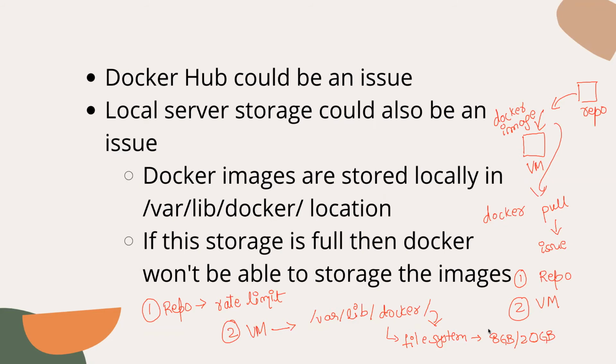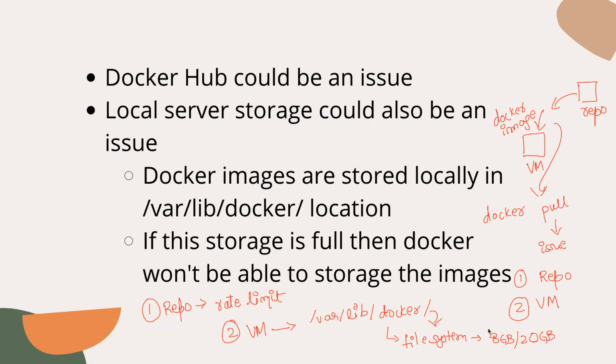So what is the answer for this? How will you answer this? This is how you can present your answer. Based on the information that you have provided, I would go by saying that the issue can be in two places. The first one is the repo itself, meaning we are hitting the rate limit when we are pulling the Docker image.